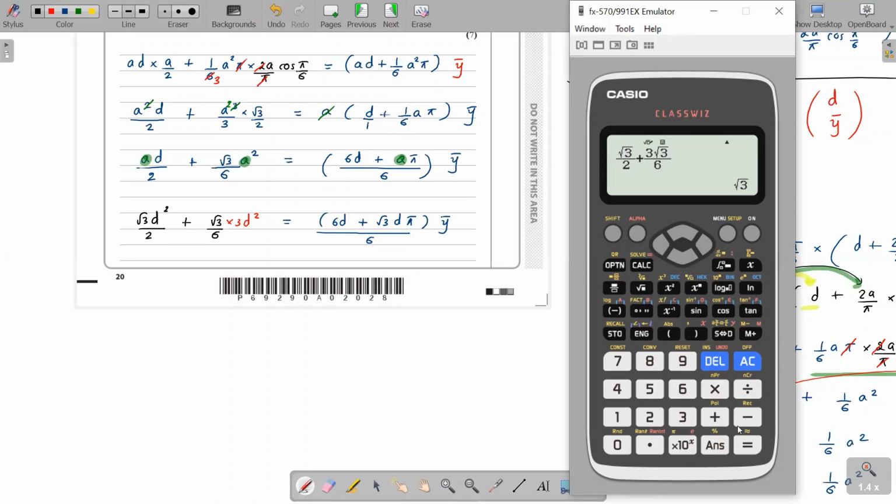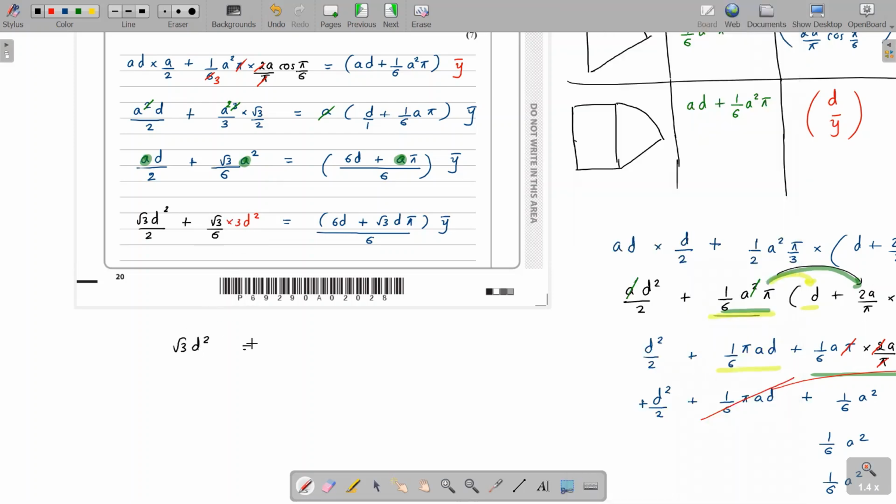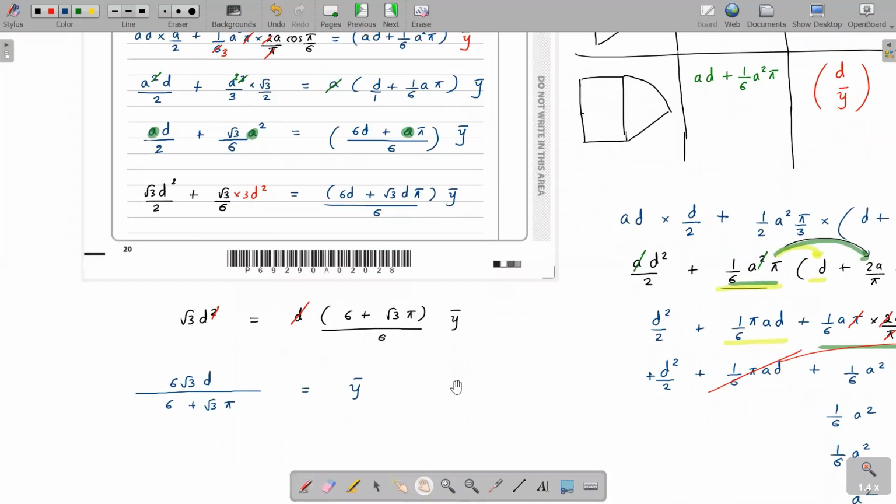Don't forget both of these are D square terms. So I end up getting root 3 D square. In here I can take a D term out. I get 6 plus root 3 pi over 6 into y bar. So a single D will again cancel out and I can now make y bar the subject. So I get y bar equals 6 root 3 D divided by 6 plus root 3 pi. So this is the answer for y bar.